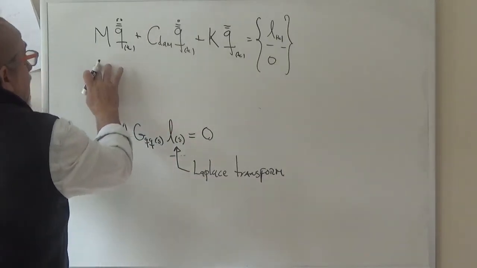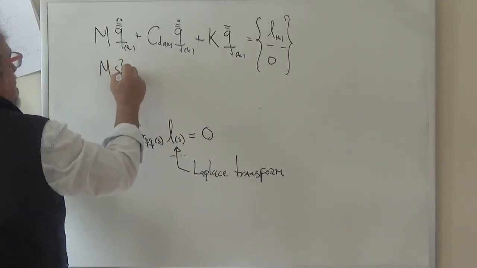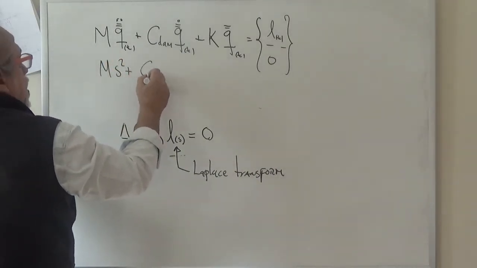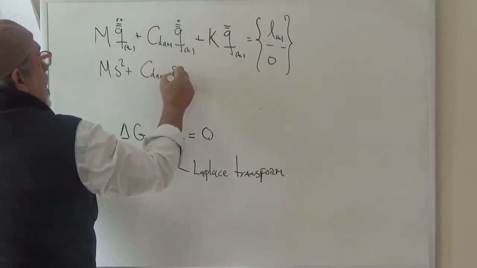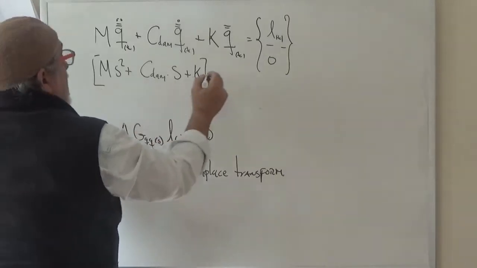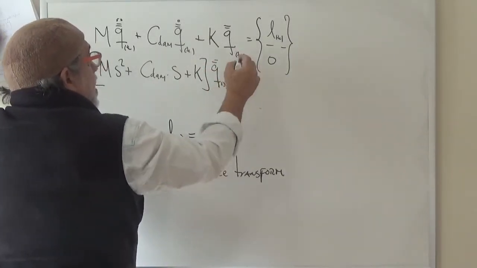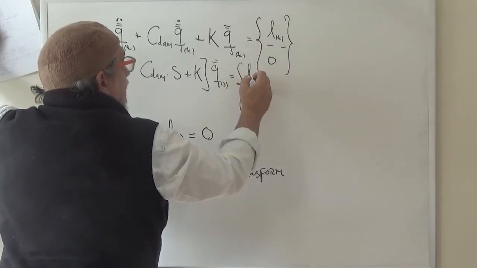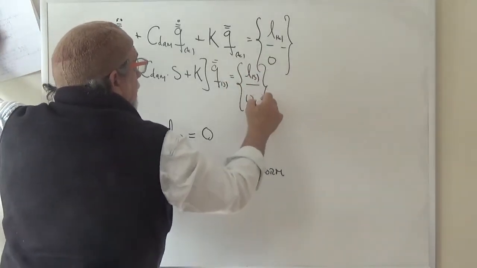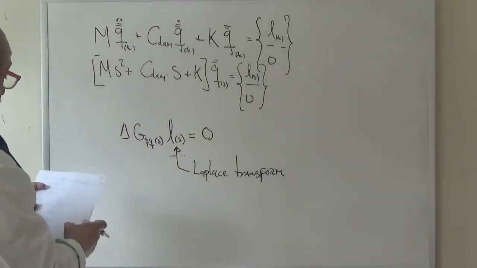So then we say, okay, let's take a Laplace transform here. So this is (M s squared plus C damping s plus K) times q bar(s), and that's equal to L(s) and 0, right? So that looks like that. Now, what is this?